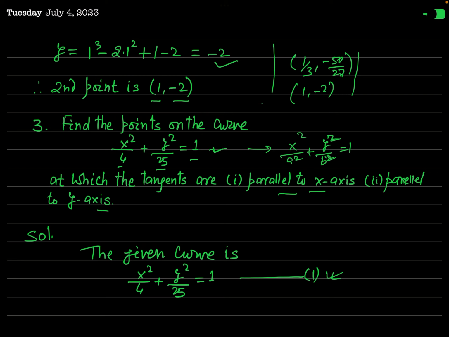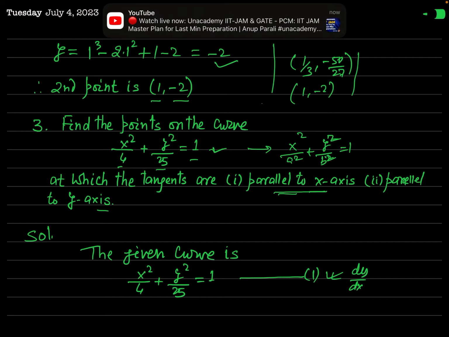And for getting the slope or the gradient of this curve at a particular point, we have to differentiate it, because you know that slope is equal to dy by dx. Why am I finding the slope? Because the condition in the problem is that we have to find the point where the tangent is parallel to the x-axis. And you have learned that where the tangent is parallel to the x-axis, the slope will be 0.